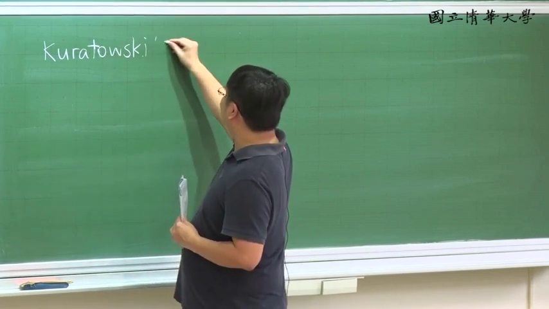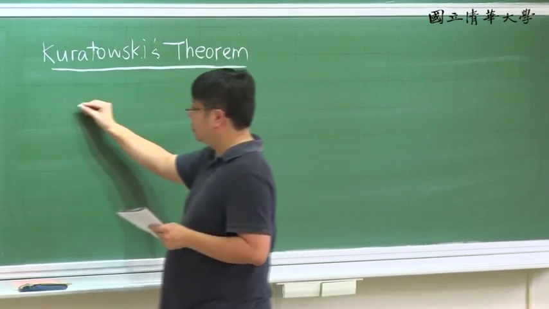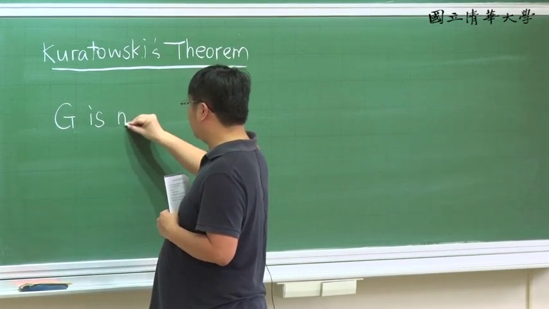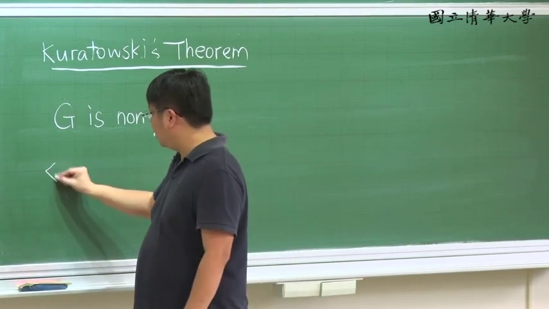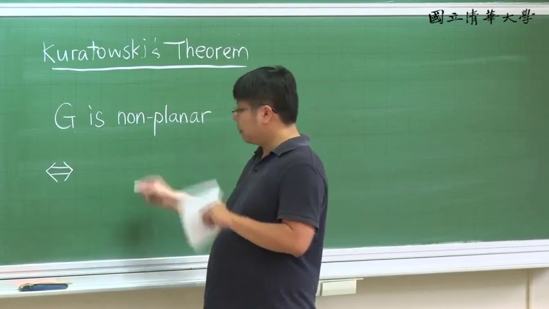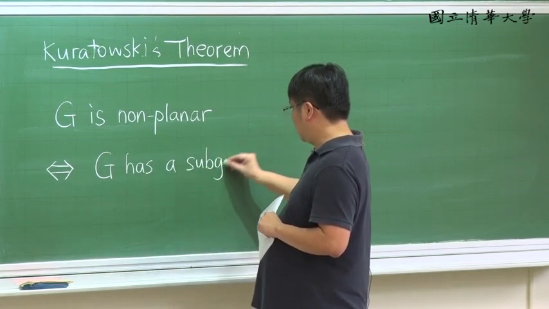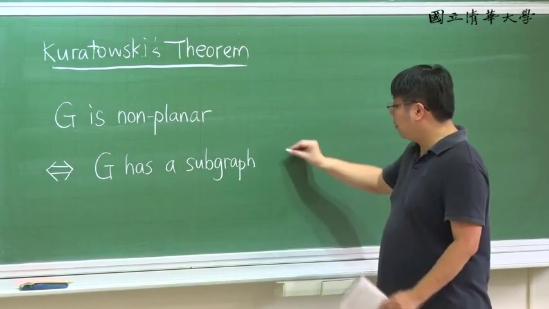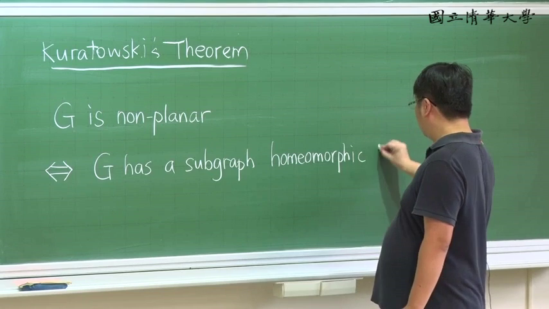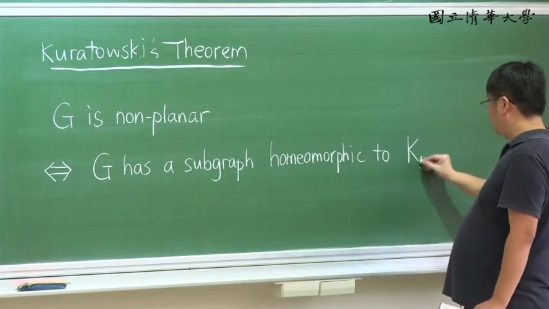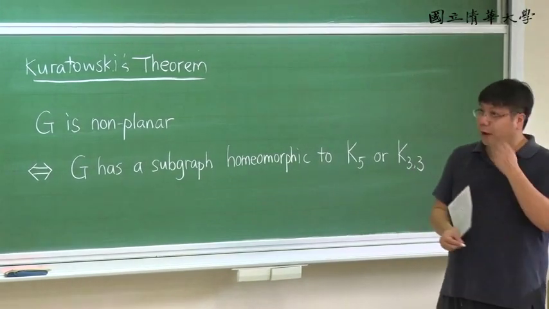The Kuratowski theorem says a graph G is non-planar if and only if G has a subgraph homeomorphic to K5 or K33. Oh, so that's it.